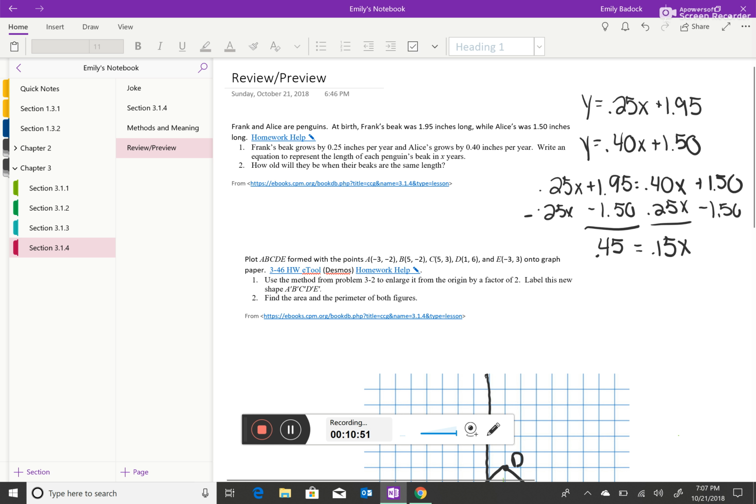And then my very last step is to divide by 0.15, and I will get 3 years. So x is going to equal 3. So in 3 years, they will be the exact same length. So that was just a system of equations in another format in a word problem for you.